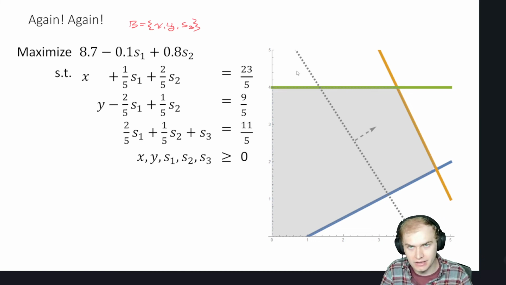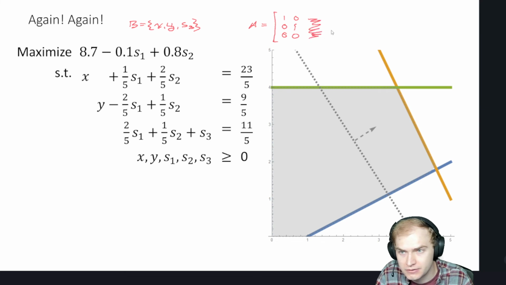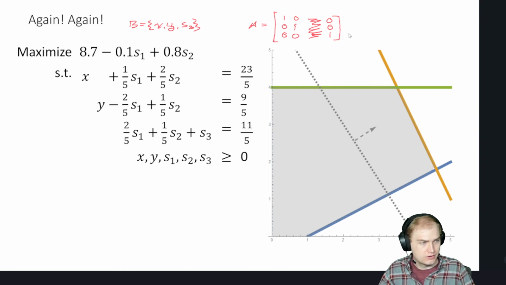So if we looked at A, that would be 1, 0, 0, 1, 0, some stuff for S1 and S2, 0, 0, 1. So their columns correspond to columns of an identity matrix, which will be important for us in tomorrow's lecture.